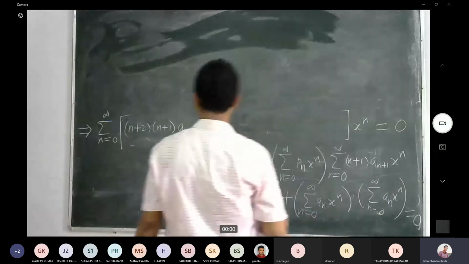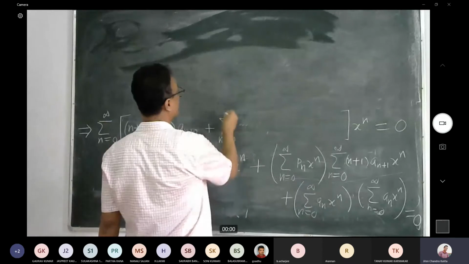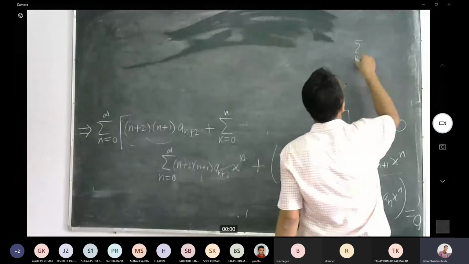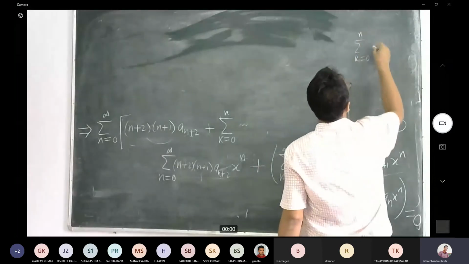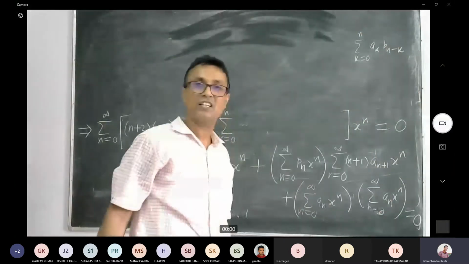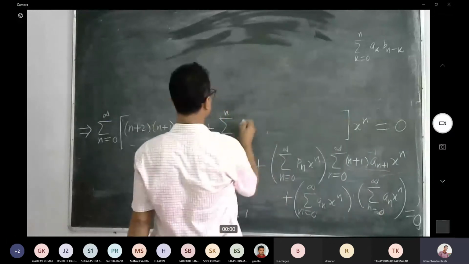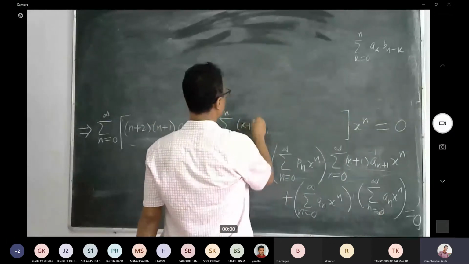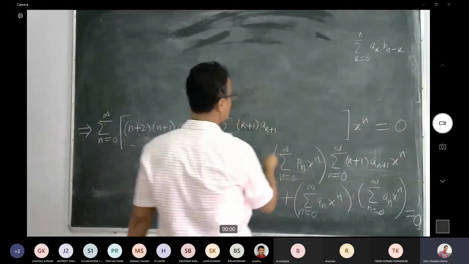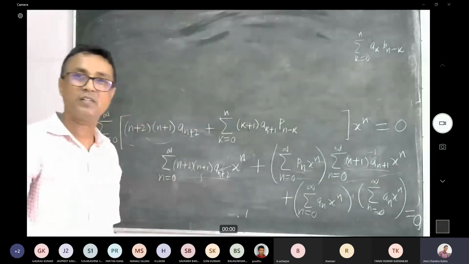We already know what the formula was: k going from 0 to n, it was a k b n minus k. So this is going to be k plus 1, a k plus 1, and this is p n minus k. Is it okay with everybody?